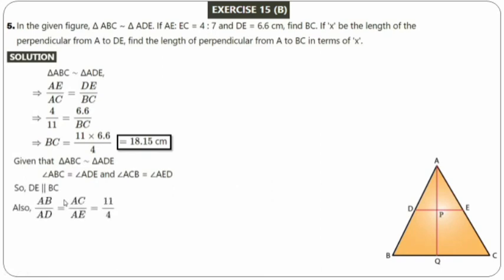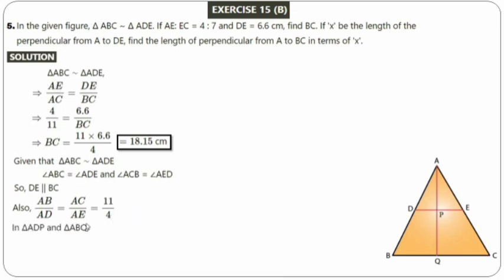So see here carefully, we have AB by AD is equal to AC by AE. Now what is AE by AC? We wrote this as 4 by 11. So AC by AE, find the reciprocal of that, it becomes 11 by 4.